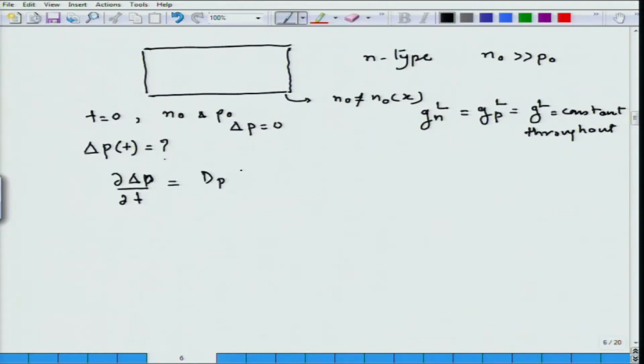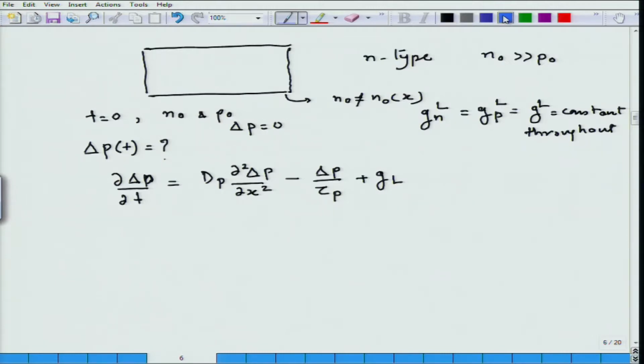Diffusion, the excess carrier concentration for holes, minus. So, this is the equation that I need to solve.